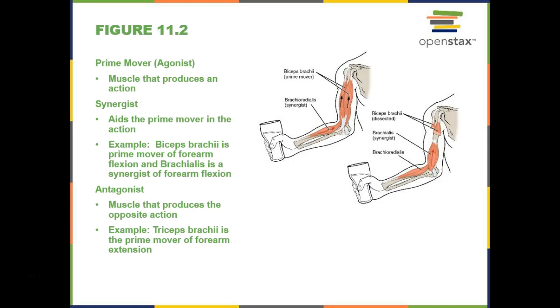So if we use the term agonist for the prime mover of a muscle action, then that would get very confusing when we say the antagonist produces the opposite action. And so you can use either term, but I typically use prime mover just to keep you from confusing agonist and antagonist, okay?